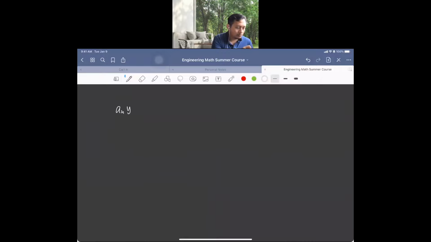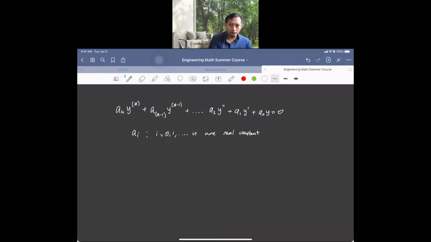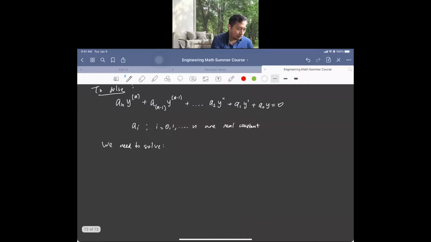To solve the nth order equation, where a_i for i equal 0, 1, up to n are real constants, we need to solve the auxiliary polynomial equation.